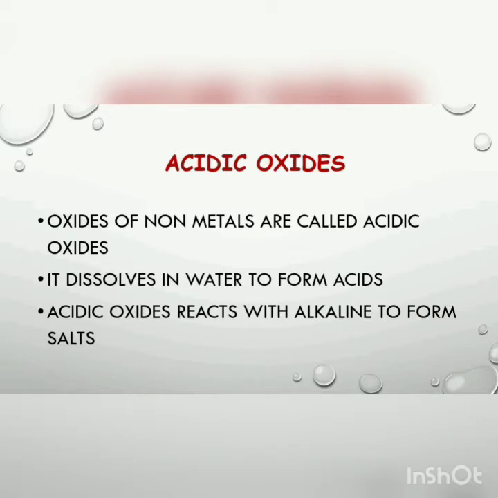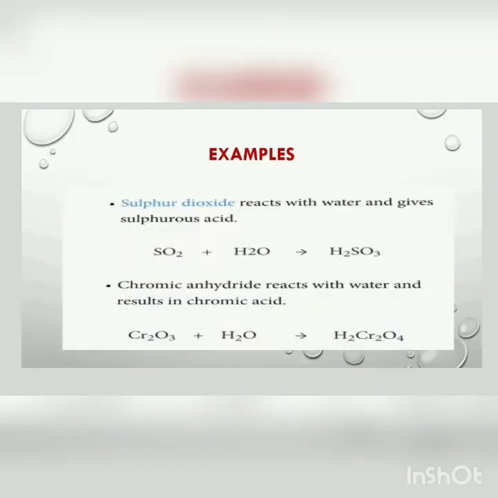So this is also one of the examples of acidic oxides, right? SO2 plus H2O gives rise to H2SO3. H2O is water, SO2 is sulfur dioxide and H2SO3 is sulfurous acid.